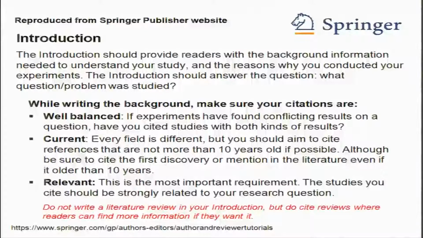So do not write a literature review in your introduction. It is important when you write a thesis, which has a section called literature review, because it is not only what you have done, but whether you have acquired knowledge of the state of the art. That is required in a thesis. But in a research paper, your literature review is not important, or rather should not be.